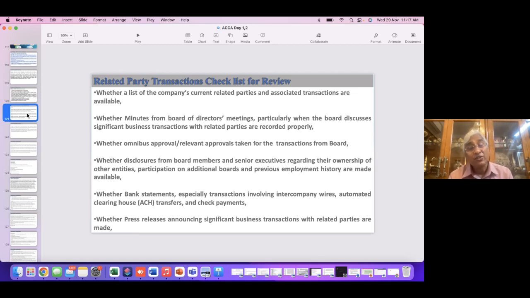If they get it, fine, or if they don't get it, they can go to the MCA site, because I know one particular situation where the company had not disclosed, and the auditor went back to the MCA site. He used the DIN, the director identification number of the director, and when he used that, he found that the director was in another company some time back, which was not being disclosed.